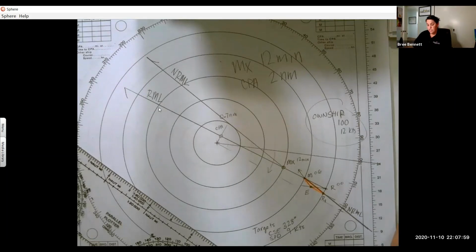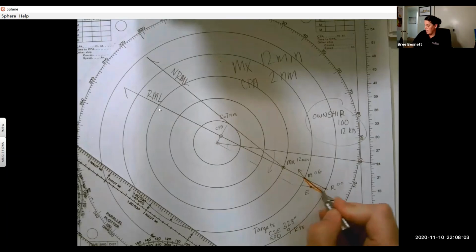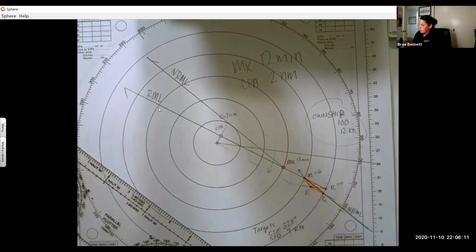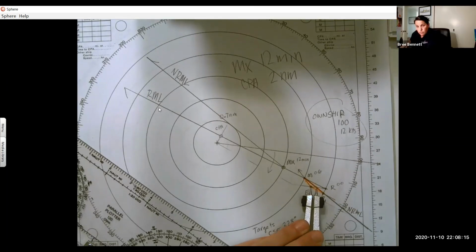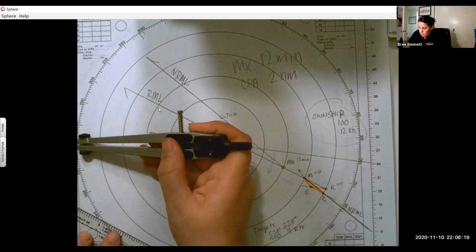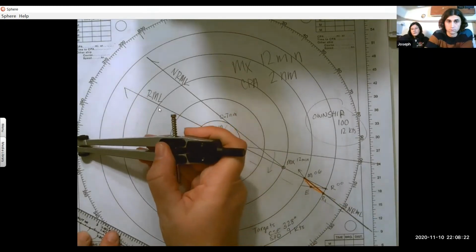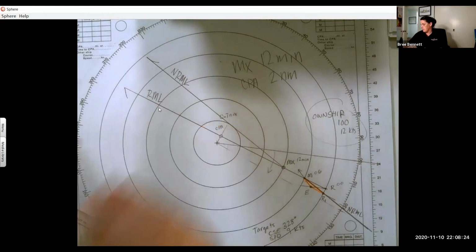If I want to change speed and maintain my heading, so E to R is the same direction but a different speed, I get what the new speed would be there, which would be like 5 knots.